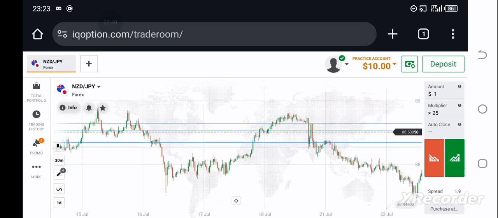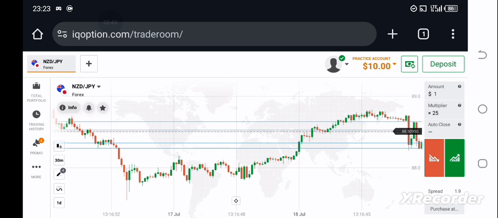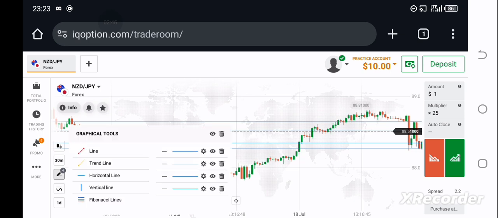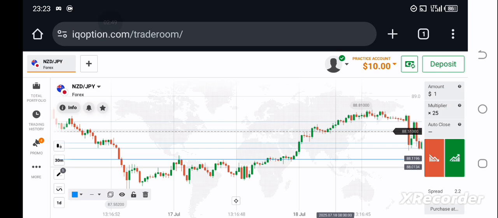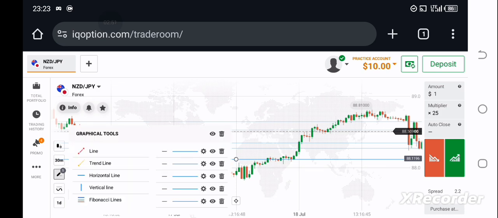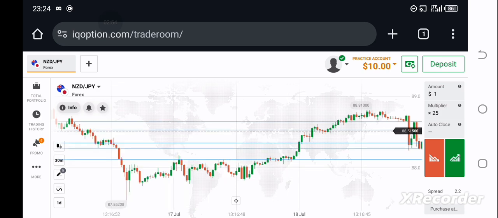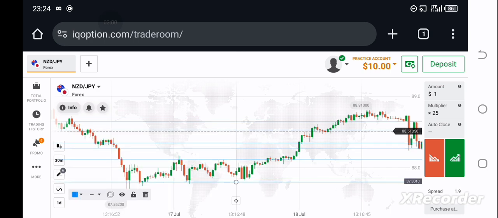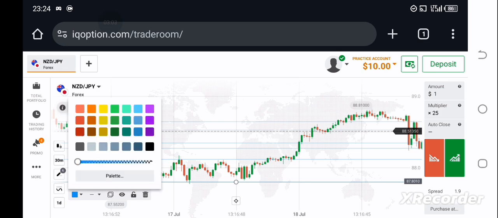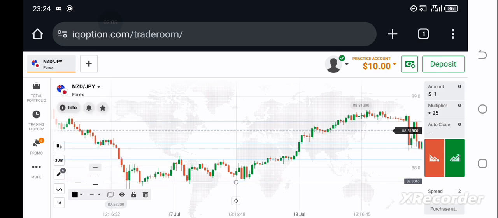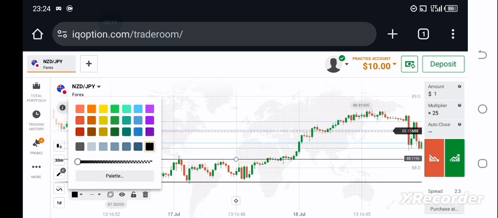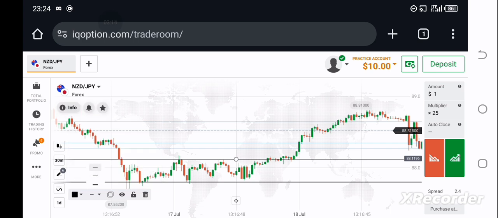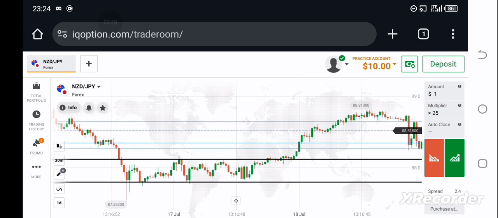Let's look out for other clearly visible examples. This is another flat market. Okay, this is it. Let me remove other. This is a flat market. Okay, I'll just change the color. Okay, so this is another flat market.